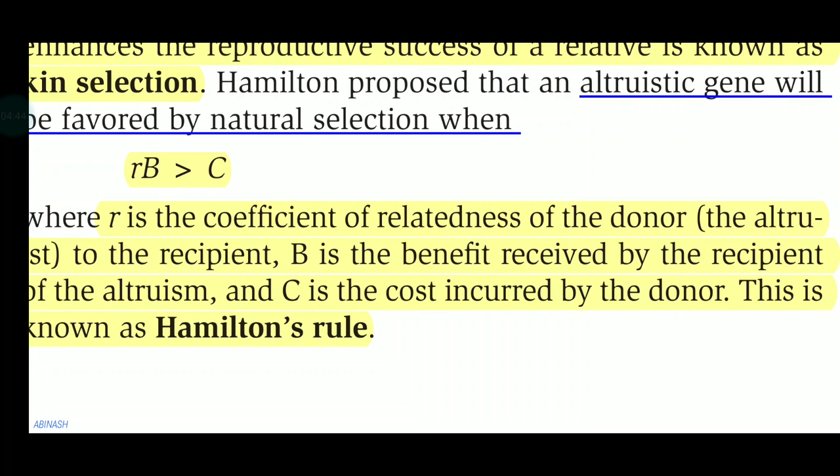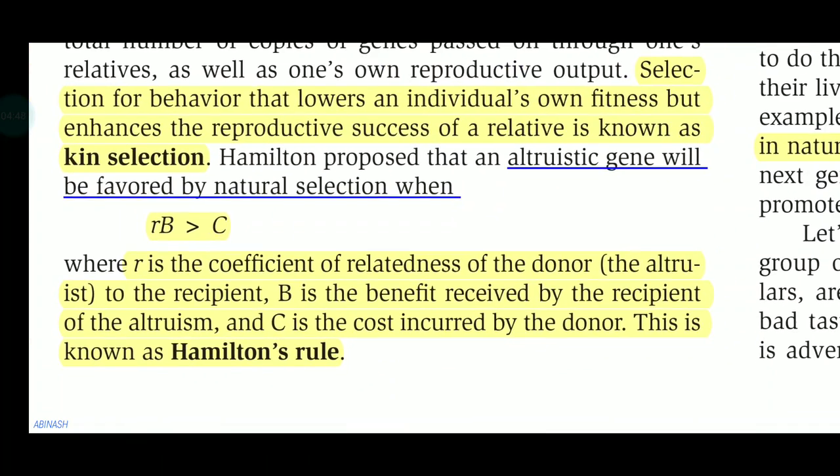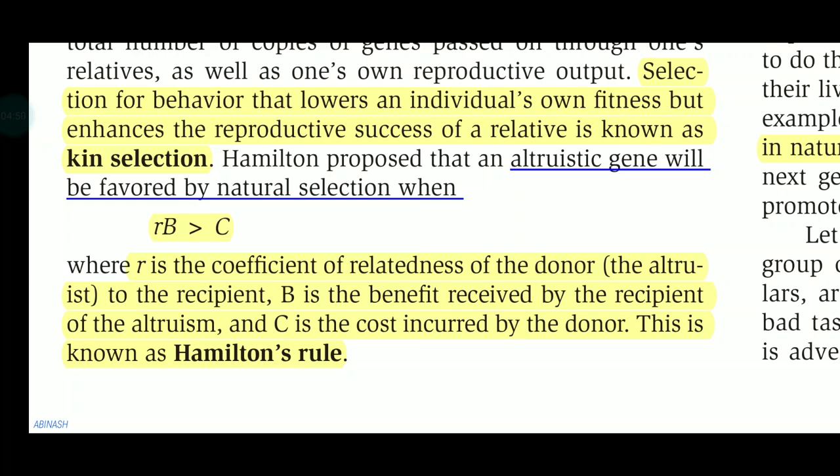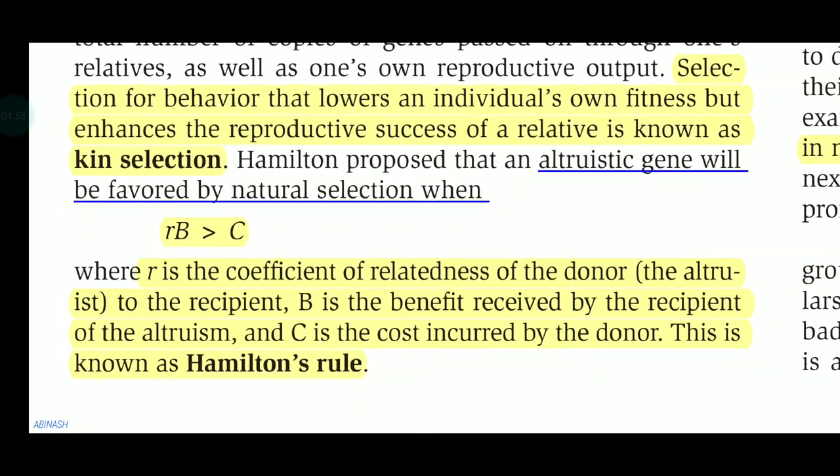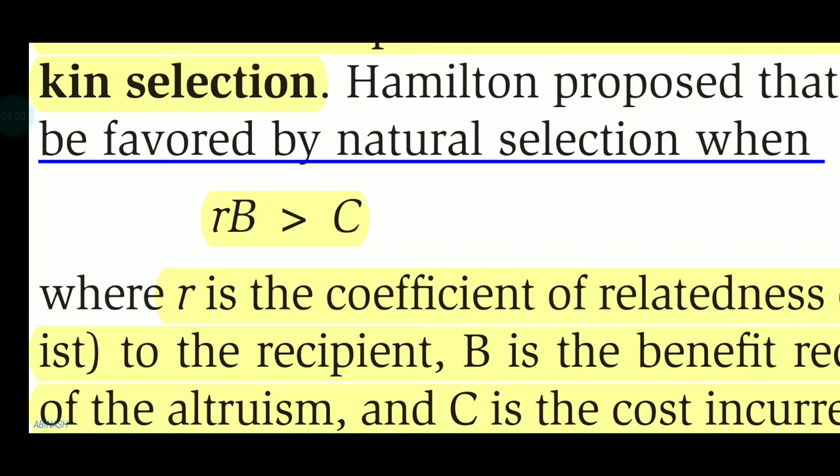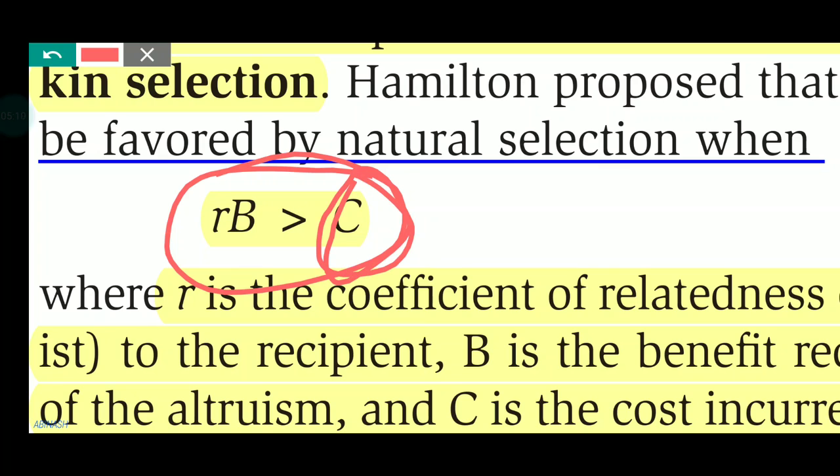So C is the cost incurred by the donor to save this genome or gene. So this is rB greater than C, and only in this case is kin selection possible, because the donor's cost must be lower than the benefit.